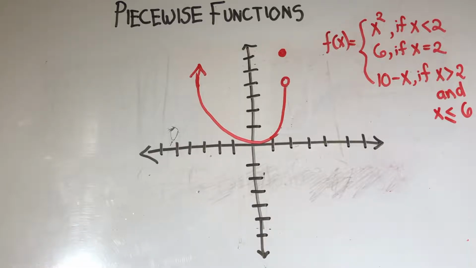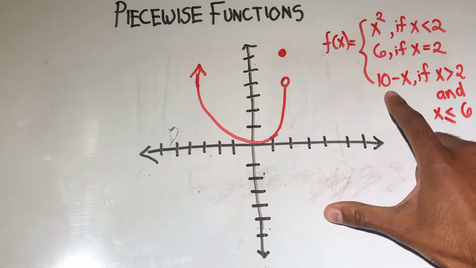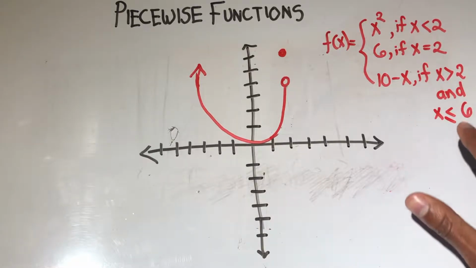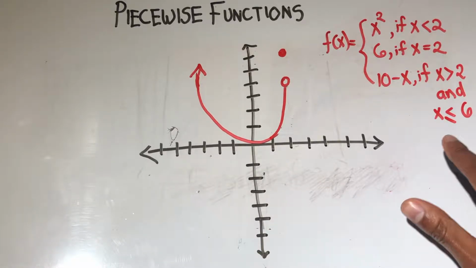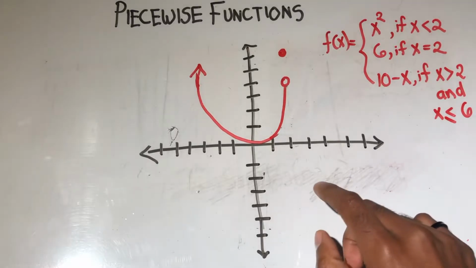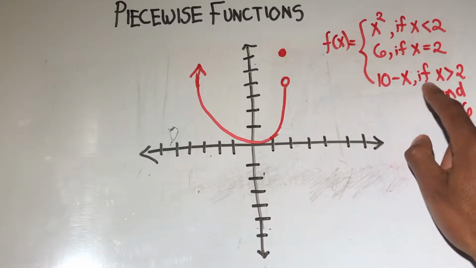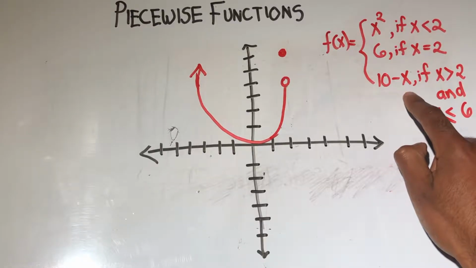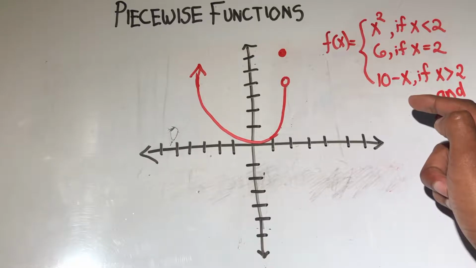Our third function, we have 10 minus x if x is greater than 2 and x is less than or equal to 6. So how do we do this? We can plug in 2 for x. We get 10 minus 2, which is 8.